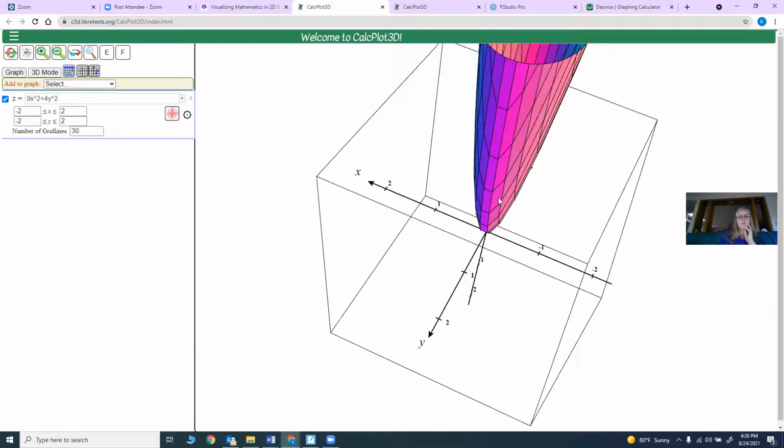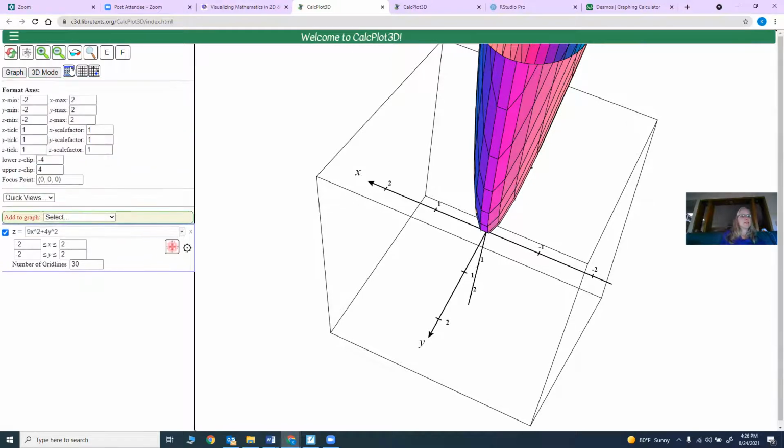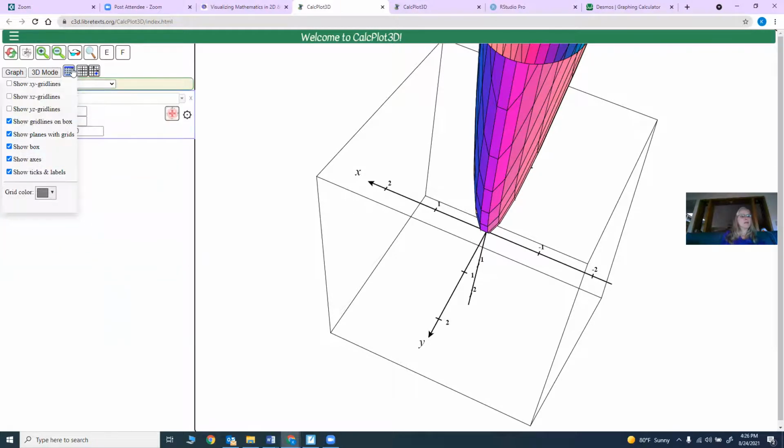And in fact, what I'm going to do is change my x and y here a little bit. I'm trying to decide how I want to change this now. Okay, whoops.